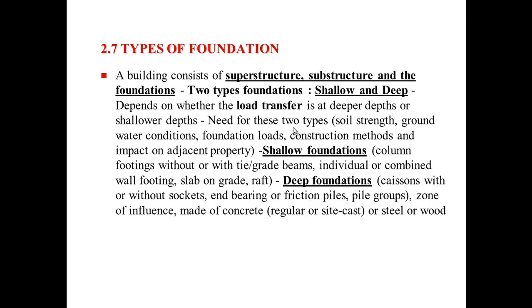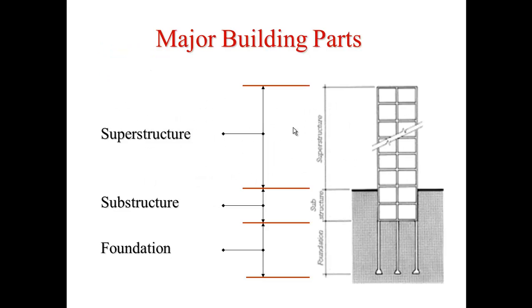Shallow footings are column footings with or without tie grade beams, individual or combined wall footings, slab on grade, or raft, more like a residential style foundation. Whereas a deep foundation could include caissons with or without sockets, end bearing or friction piles or pile groups, made of concrete, steel, or wood. We'll take a look at those here in just a second.